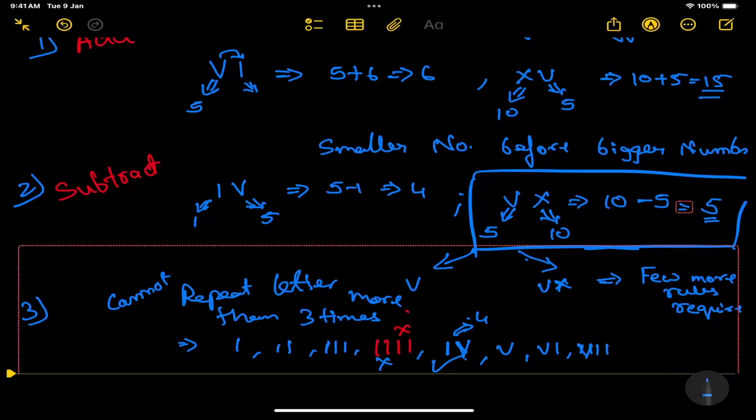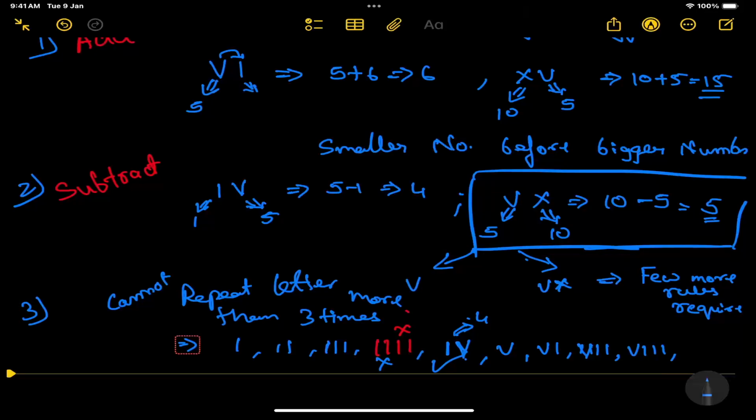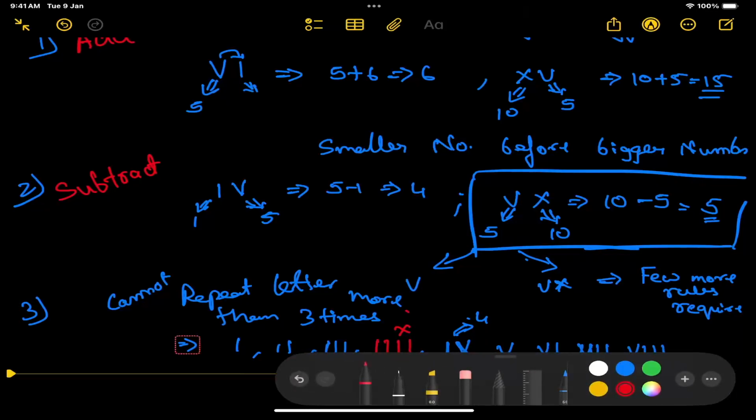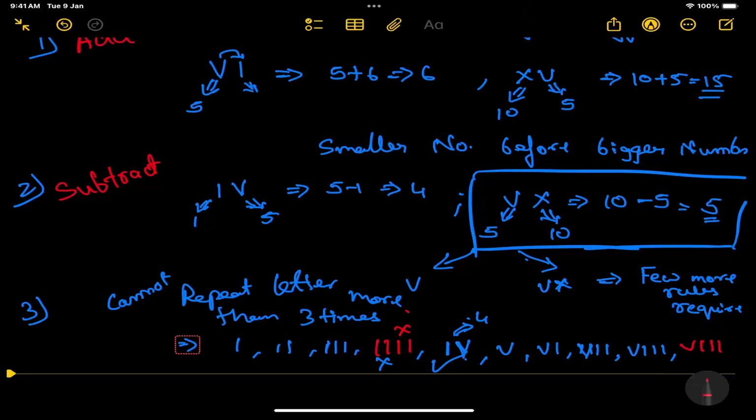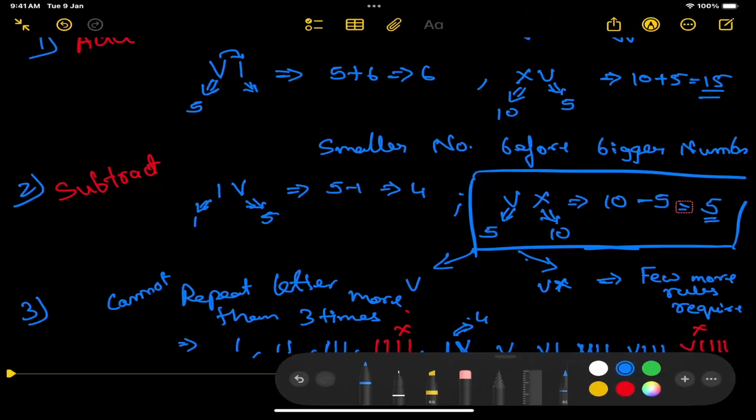7, 8. Again, if you write 9 like this, it is wrong because the I is repeated 4 times. What is the other way to write this?